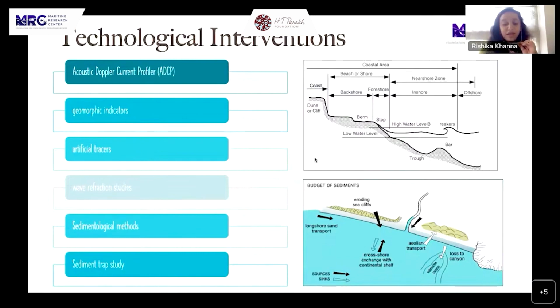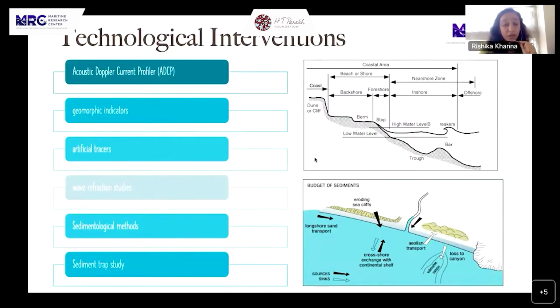The direction of the sediment transport is generally detected by either geomorphic indicators or by tracking the movement through artificial tracers. The places of wave convergence and divergence, which provide the quantitative measurements of how much littoral drift and the direction of the littoral drift in local as well as regional areas, are given by wave refraction studies.